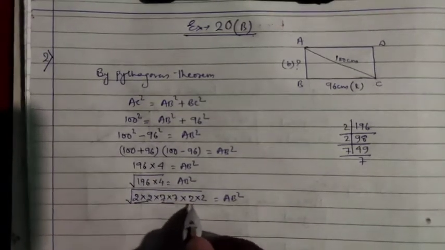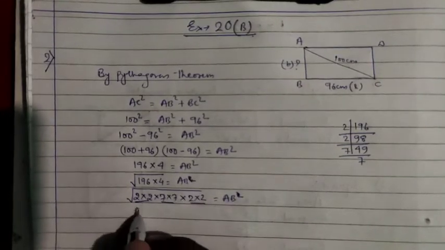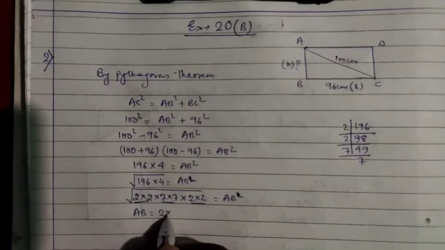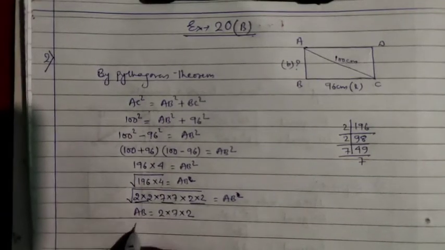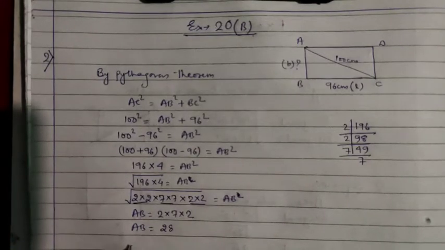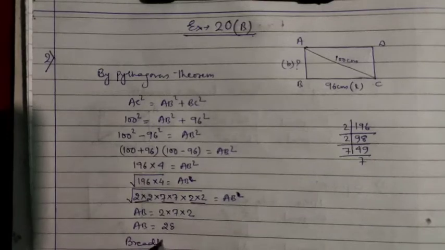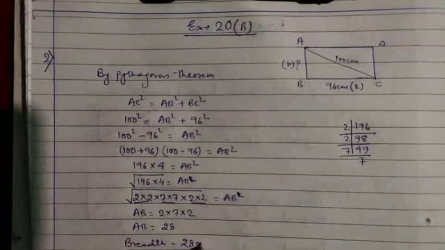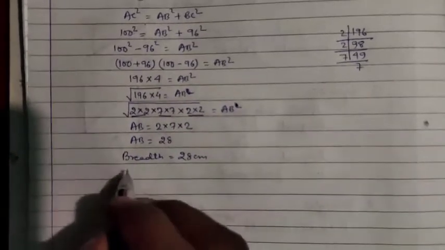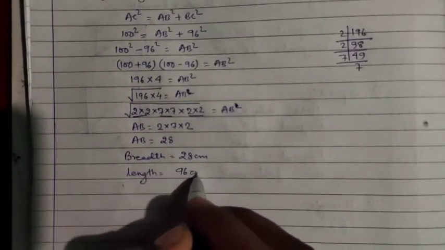This is a pair, this is a pair. Therefore AB is equal to 2 into 7 into 2. The value of AB is 7 2s are 14, 14 2s are 28. It means that the value of breadth is equal to 28 centimeter, and the value of length we already know, that length is equal to 96 centimeter.